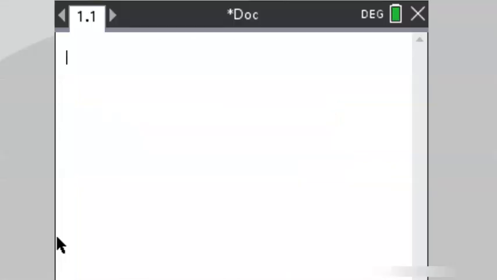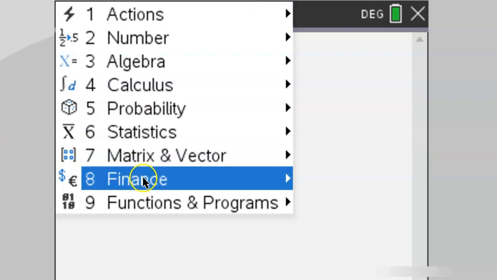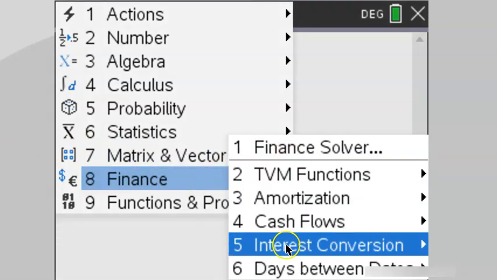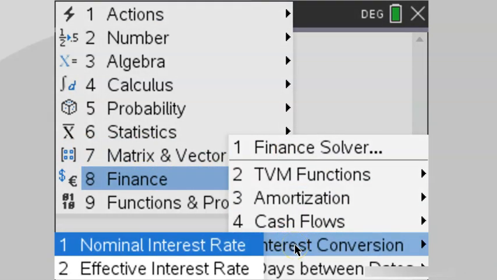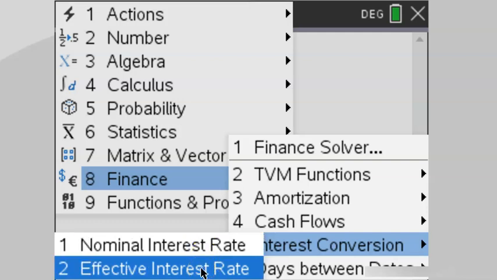Okay, so we want to go into our finance menu and look at interest conversion. Here, if I've got an effective rate, I can convert that to a nominal, or if I've got an annual per annum rate, or a nominal rate, I can convert that to an effective. So that's what I want to do this time round.